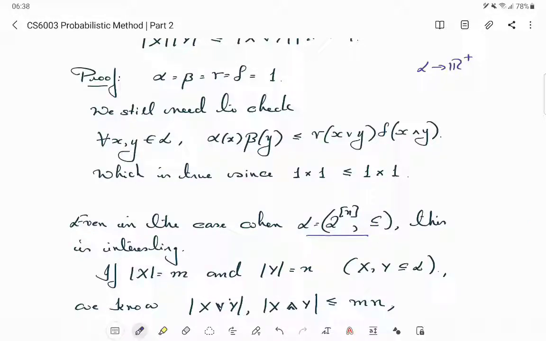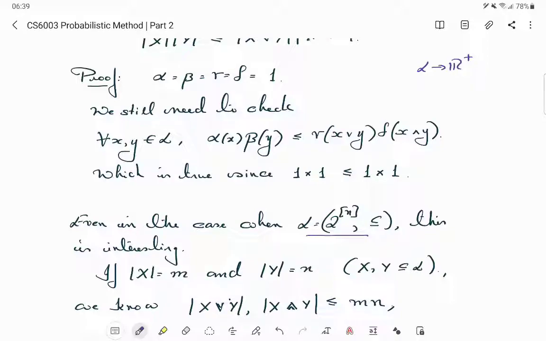So we know that if this family X and Y have cardinalities M and N each, when we define this pairwise intersection or pairwise union, the size of the pairwise intersection of two families can be as large as Mn, because there are M options to pick your first set from in the intersection, or in the union in this case, and N options to pick Y from. So this could be as large as Mn.